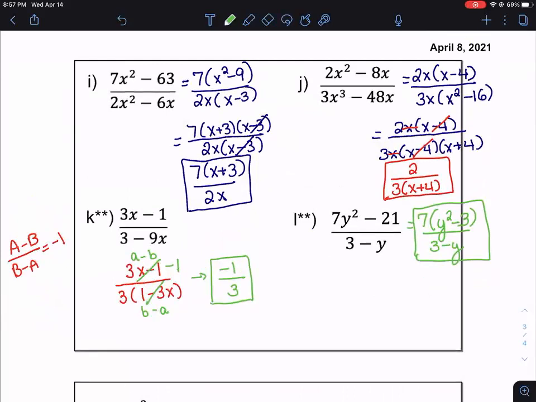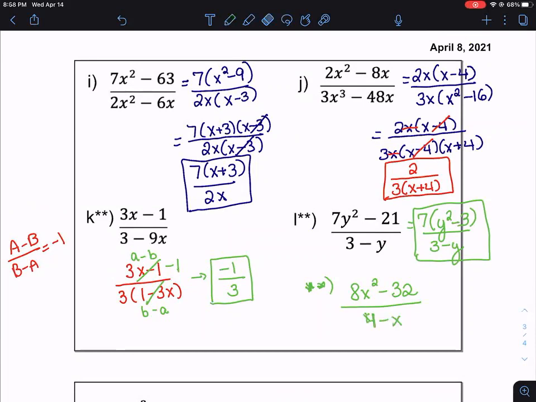So let me add one more so you guys can try. So I don't know, make this the next one right here. So let's do 8x to the second minus 32 over 4 minus x.